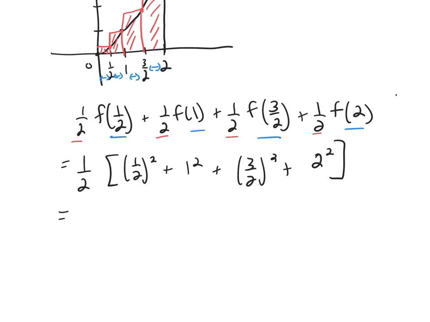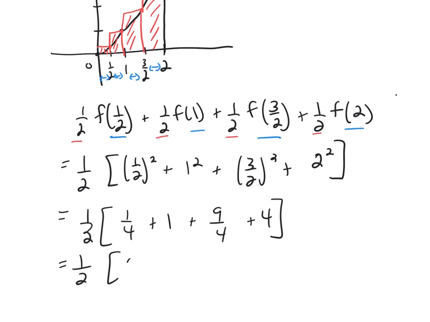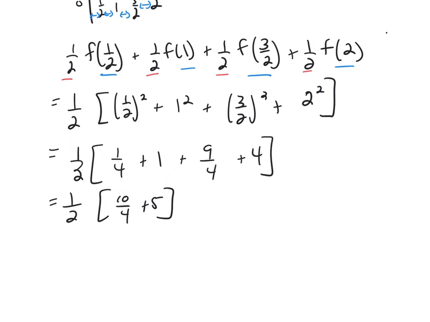So I'm getting 1/2 times 1/4 plus 1 plus 9/4 plus 4. So I'm getting 1/2 times 10/4 plus 5. If you get a common denominator, which would be 4, you would get 30 over 4, 15 over 4. So this is 3.75.